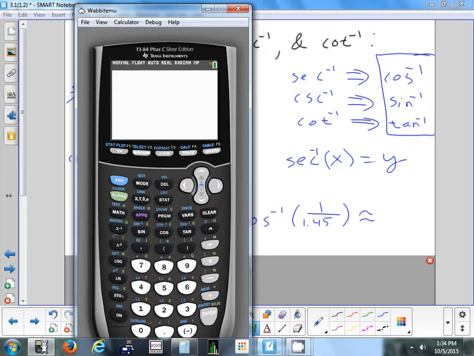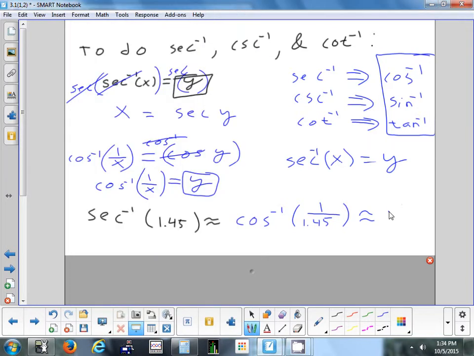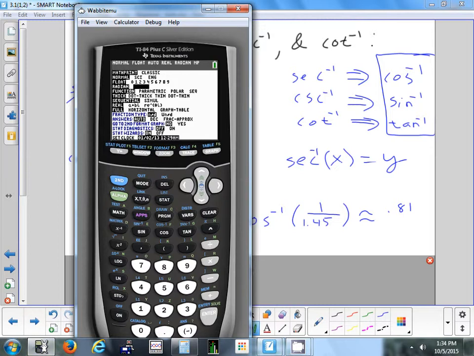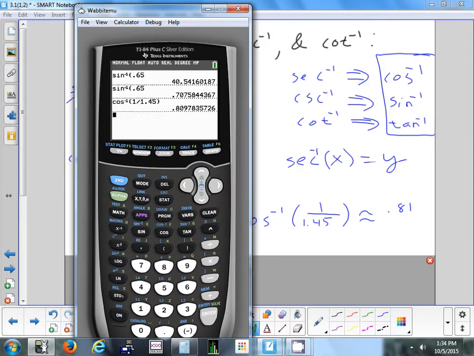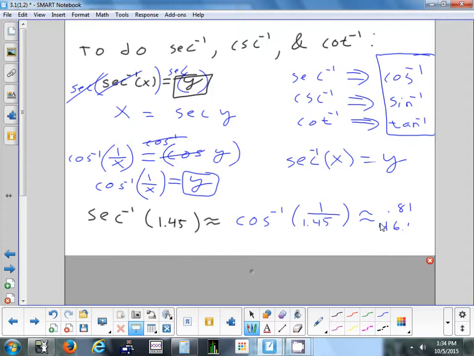I think that's probably radians. Yep. Or if you did it in degrees, just change to degrees. It's 46.4. I'm not going to do each one in degrees and radians, just this one.